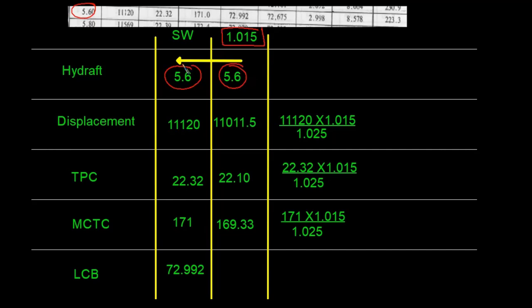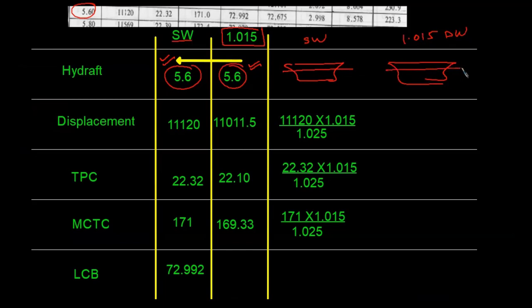In both densities, salt water and 1.015 or dock water, if the drafts are the same, that means our underwater volume is the same. Make sense? Yes, that makes sense.